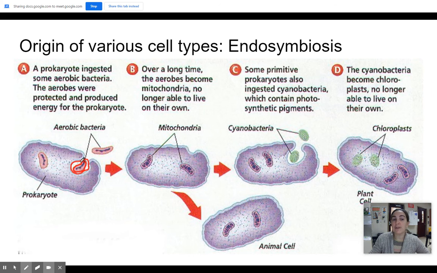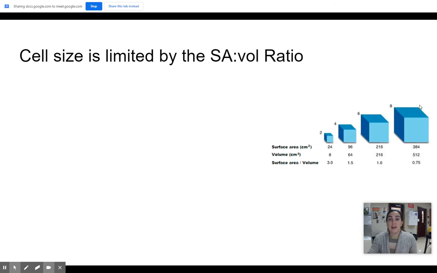It's kind of like a little vesicle or a vacuole within the cell. And so you have two layers of membrane, and these organelles, the mitochondria and chloroplasts, still have two layers of membrane around them. So there's quite a bit of evidence that supports this theory of endosymbiosis as the origin for some of the organelles found in eukaryotic cells.